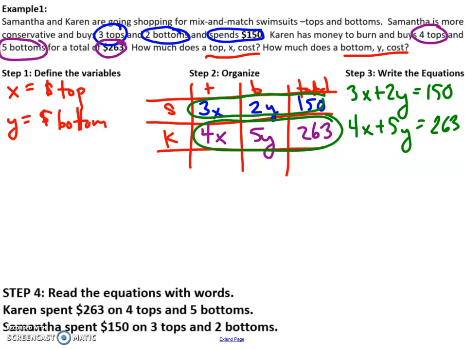Hey, that matches the story. Okay. Samantha spent $150 altogether on 3 tops, X, 3 tops there, cool, and 2 bottoms, which it says in our story. Those seem to match, so I'm feeling pretty confident that's my system of equations.